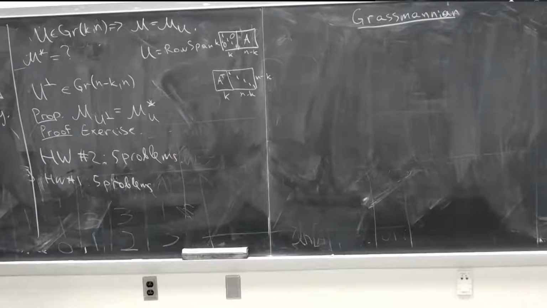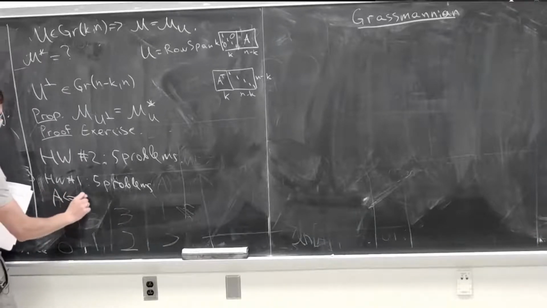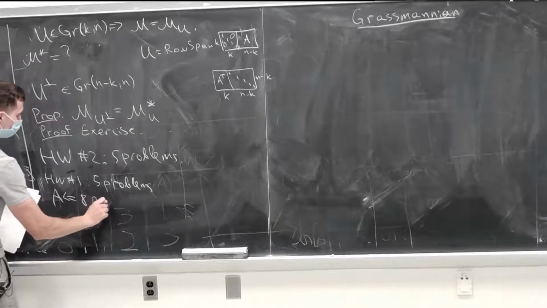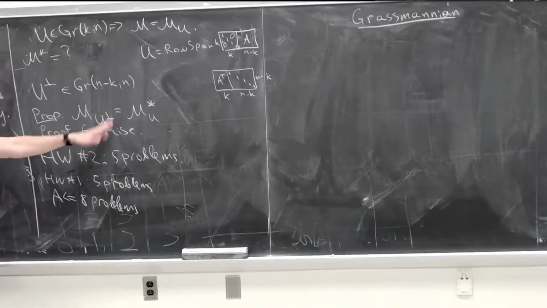To get the maximum score, like to get an A, you need to solve 8 problems total. Each problem is 10 points. You need 80 points. That's what I'm saying.